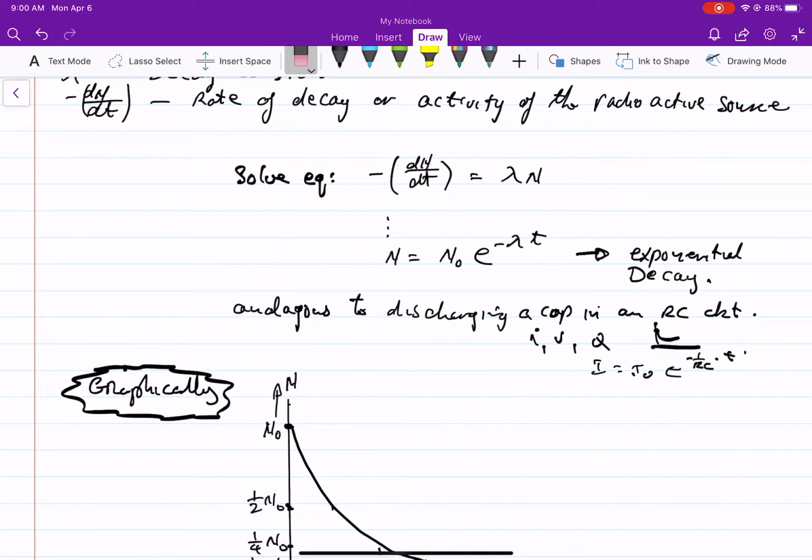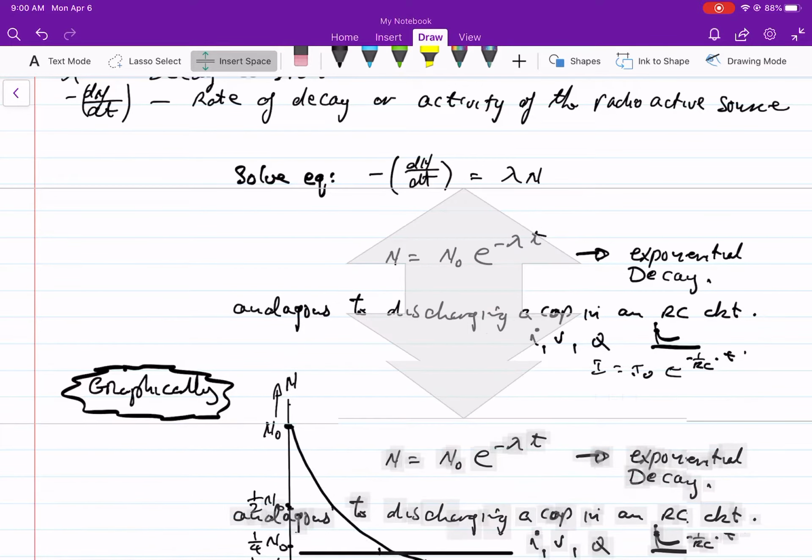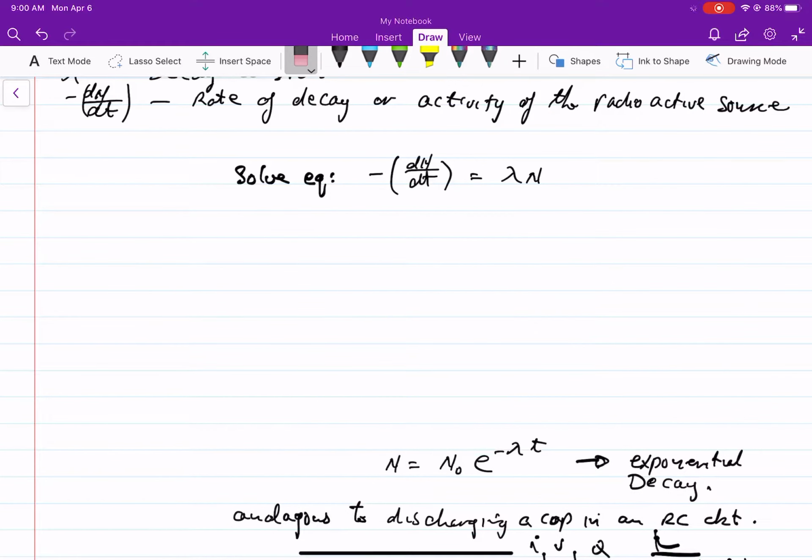I left the space out so that we can actually solve this differential equation to get the end result. So let's go through the process and see if we can solve that equation. That's my differential equation.